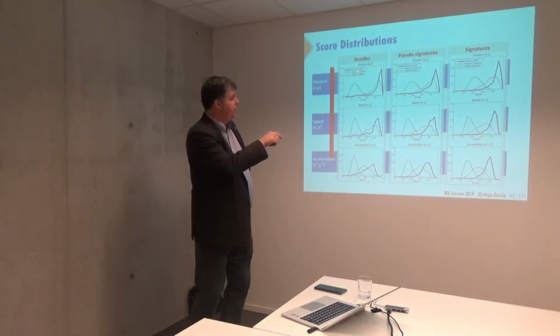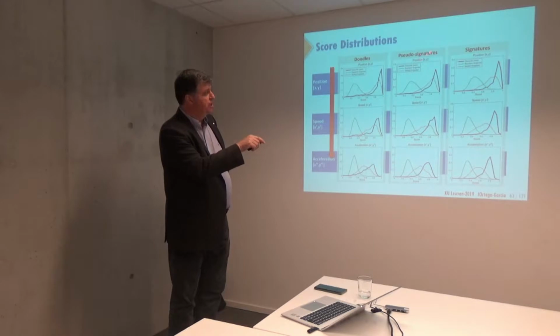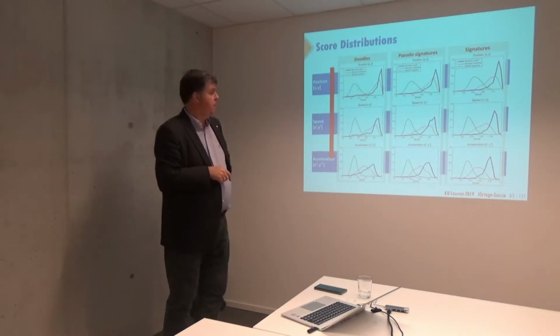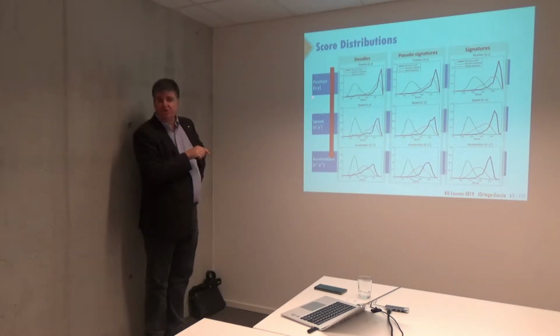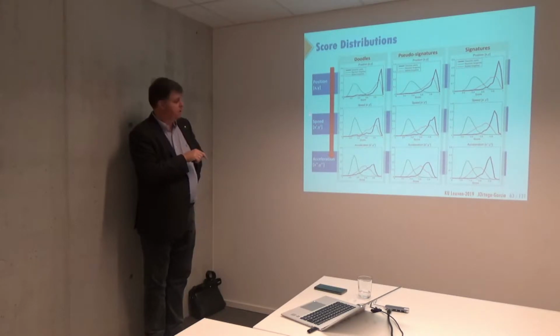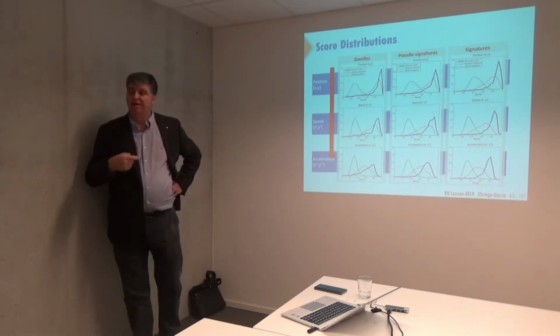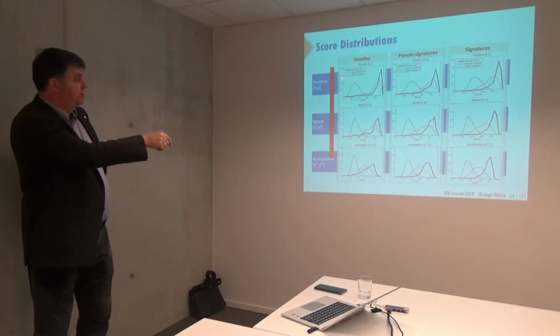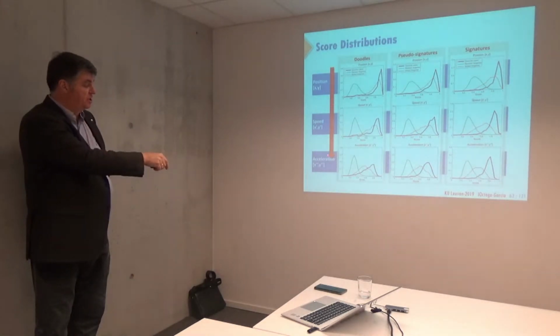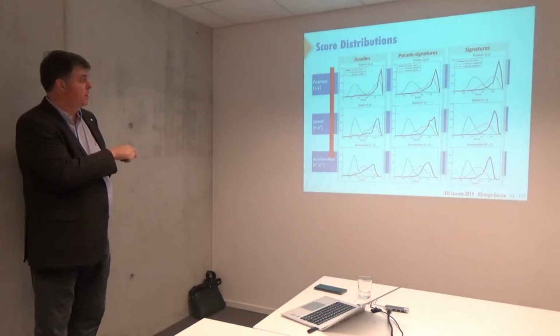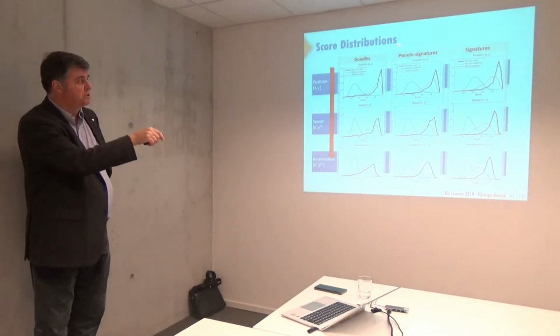And you have here doodles, pseudo signatures, and signatures, and you have here when only using XY position, when you add speed, the first time derivative, and when you include acceleration. So this is more and more information, better and better system. These are different problems.